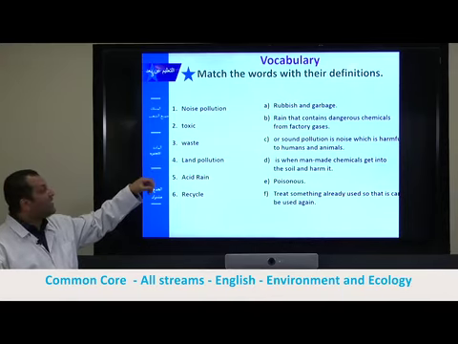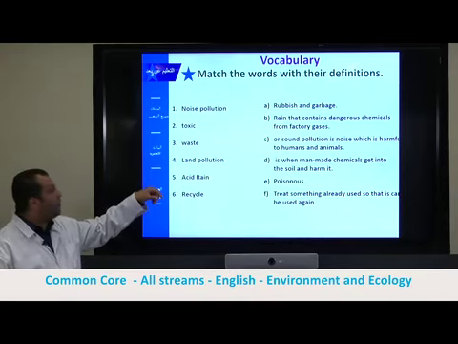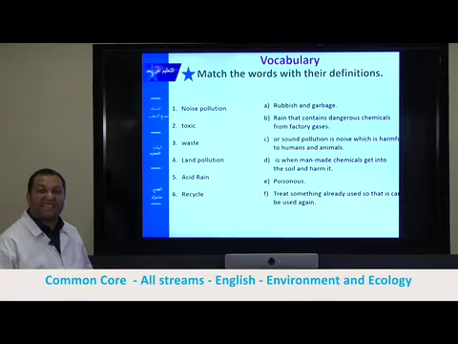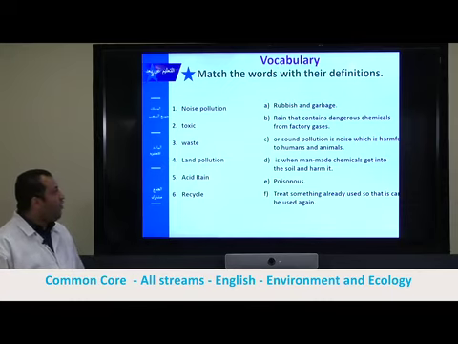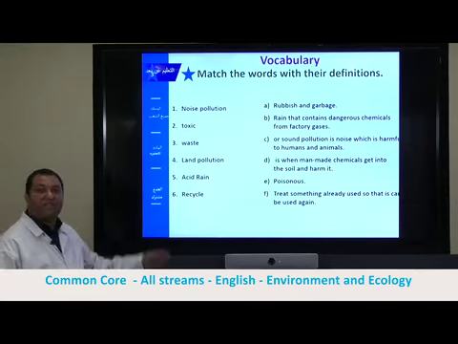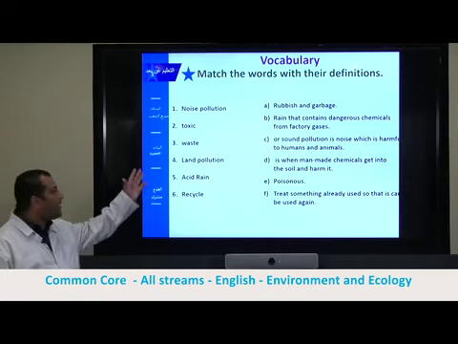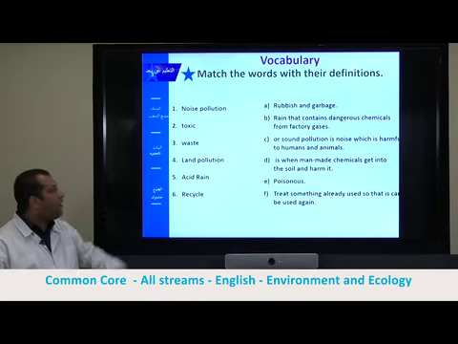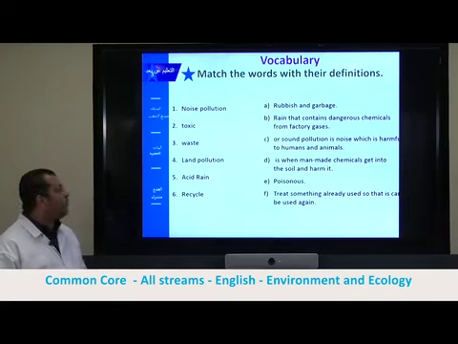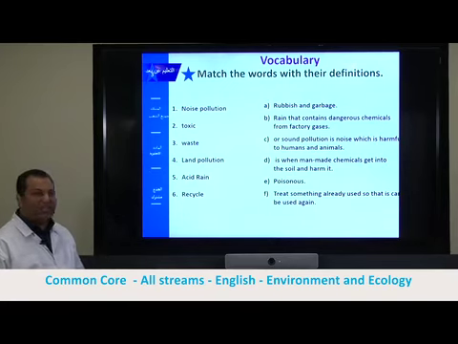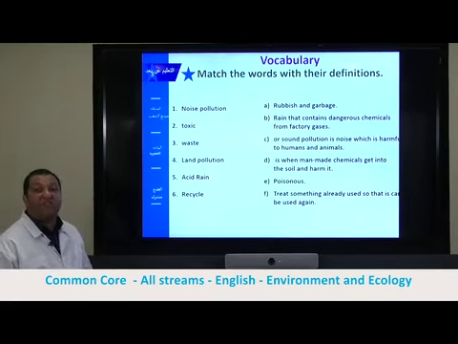Rain that contains dangerous chemicals from factory gases. C. Noise or sound pollution. Sound pollution is noise which is harmful, dangerous, hazardous to humans and animals.